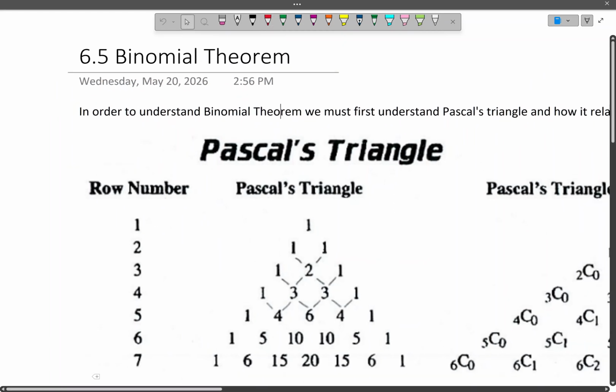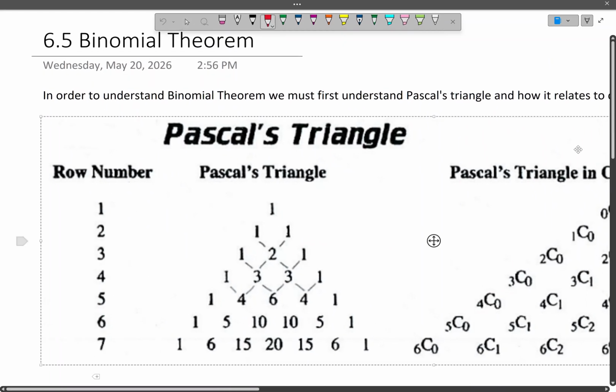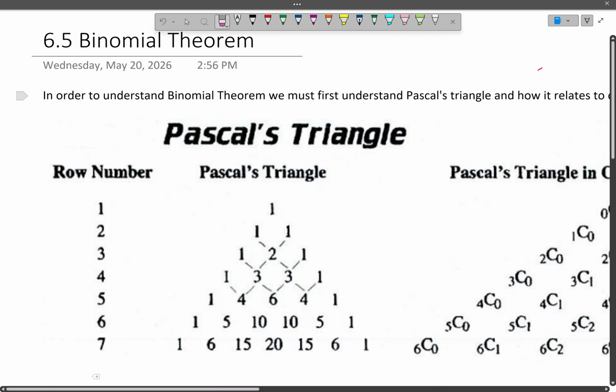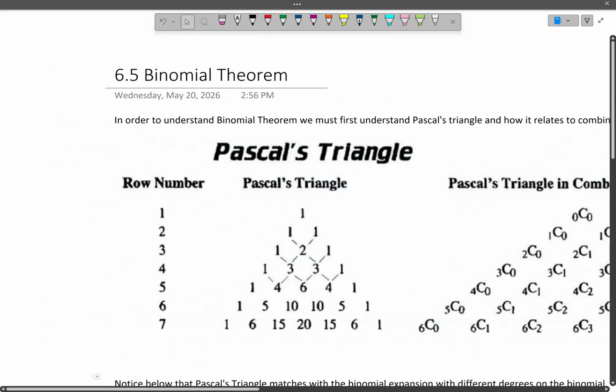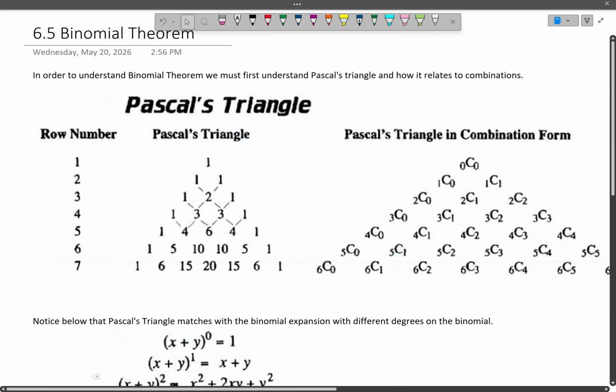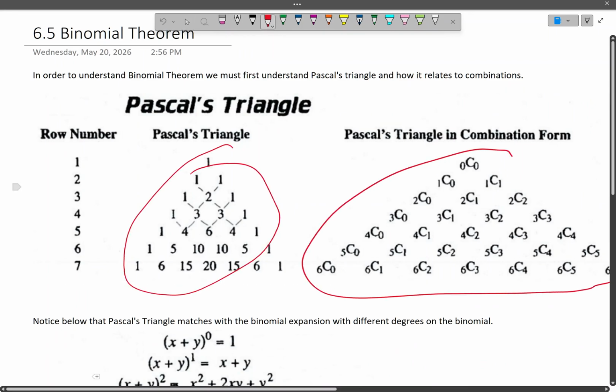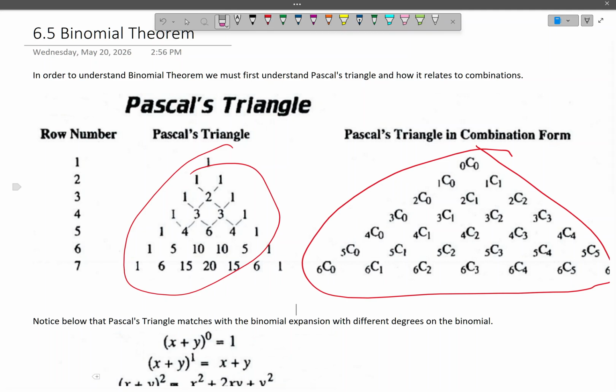So to understand binomial theorem, I'm just going to remind you that you for sure need to first understand the idea of Pascal's triangle. So I'm just going to really quickly show it in case you haven't seen it before. It's this triangle here, and it's based off of the combination form of the triangle. And so these combinations line up with these numbers.